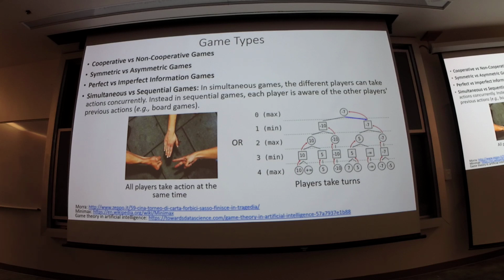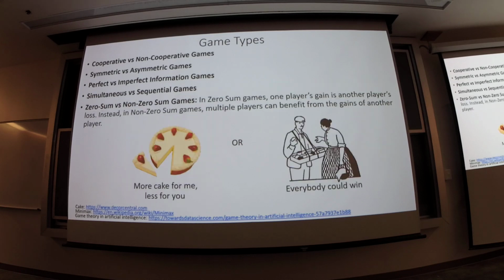Since they go in turns, if you know who starts from the very beginning, you can tell how the game is going to end and backpropagate through that. But yeah, this is about simultaneous and sequential games.